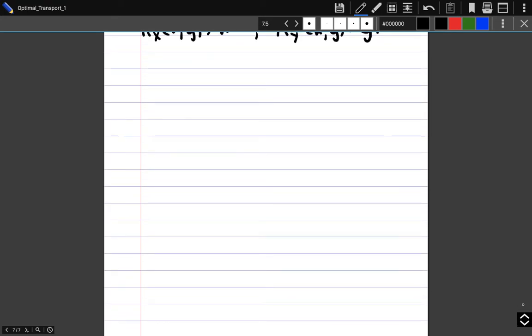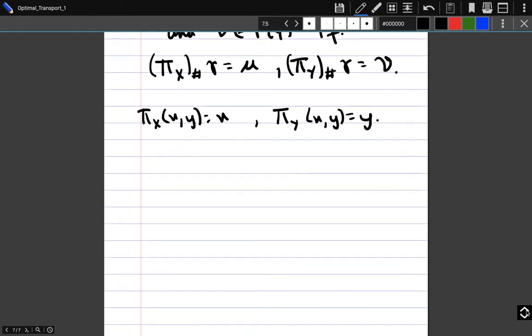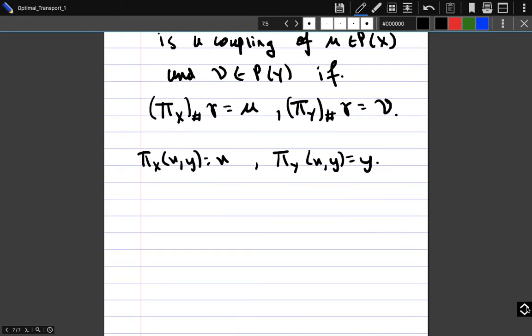Of course, you can state an integral version of this. What does it mean for gamma to be a coupling?